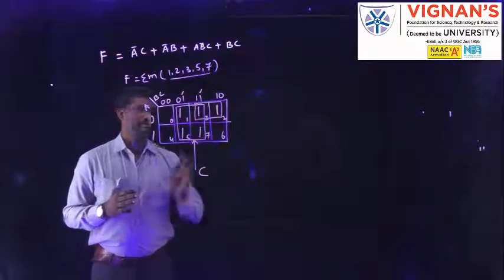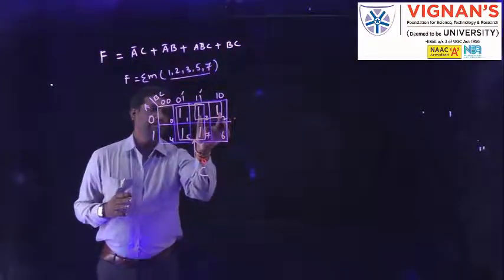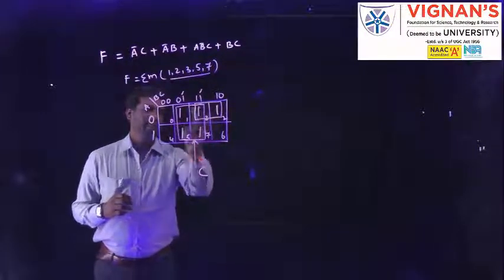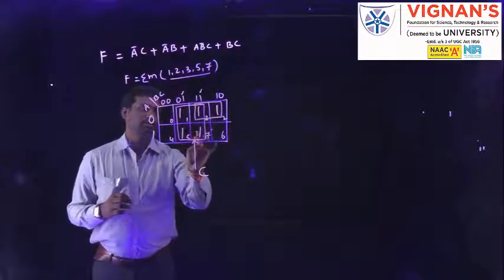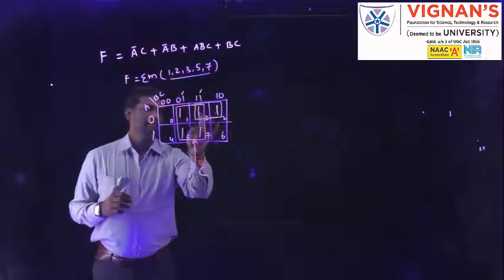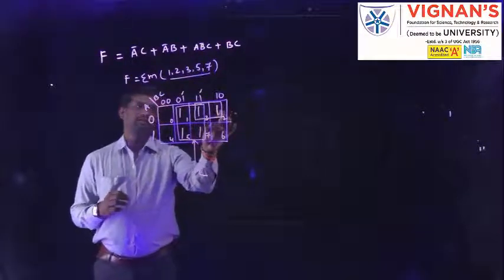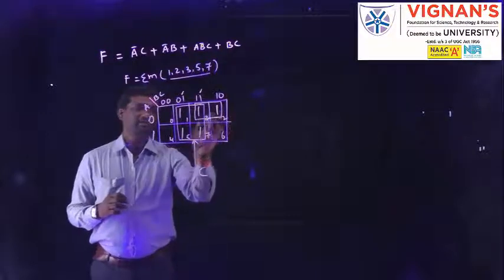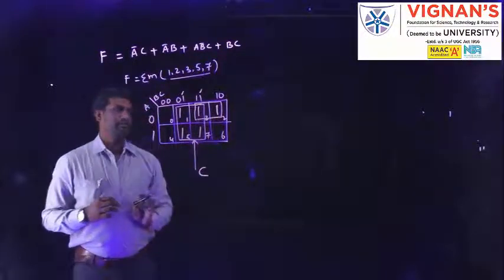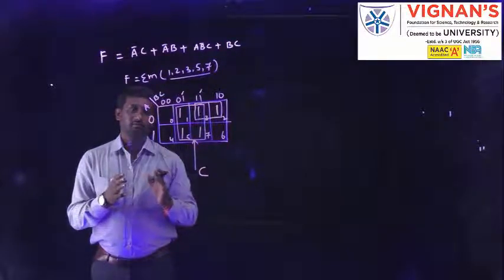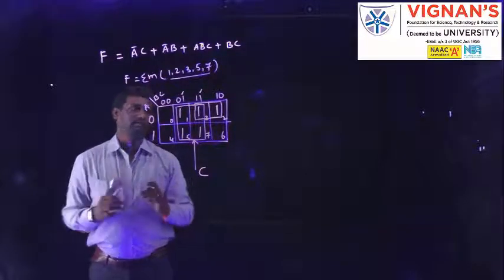These 2 ones are adjacent to each other, but 3 is already grouped with the quad, the group of 4 ones. But we can use that grouped cell again for the ungrouped cell. Thereby the number of terms is going to be reduced. That's why we can use cells any number of times for grouping of ungrouped cells.